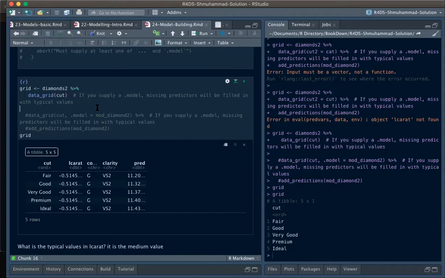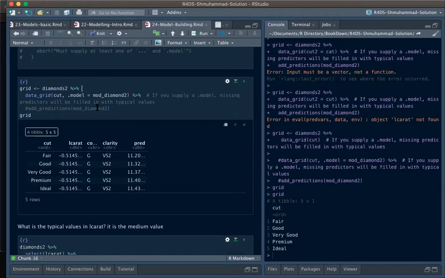So if in the same function you also add comma dot model equals mod diamond 2, then we can see the output of that. But Harvard, did you mean before you add the predictions, right? Yeah, just a direct comparison.